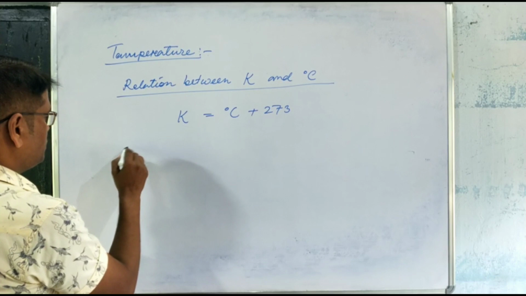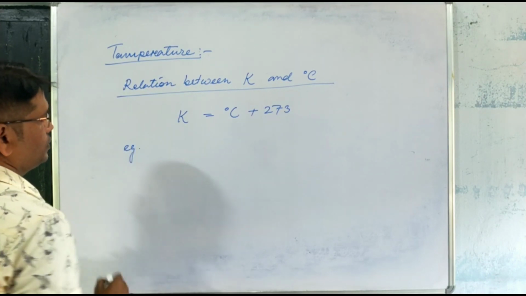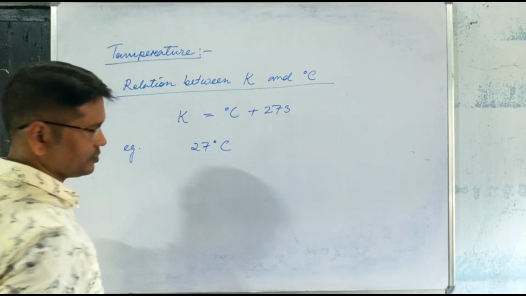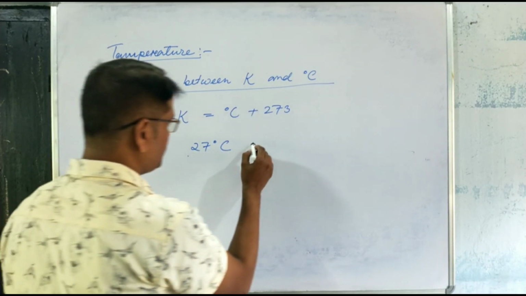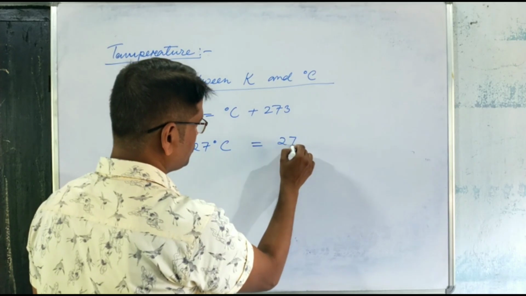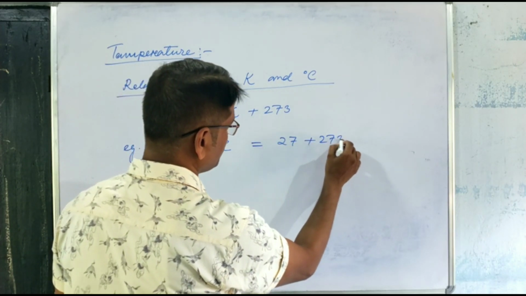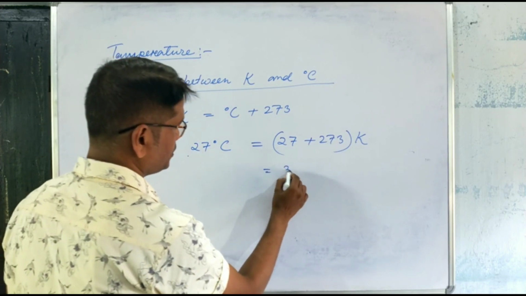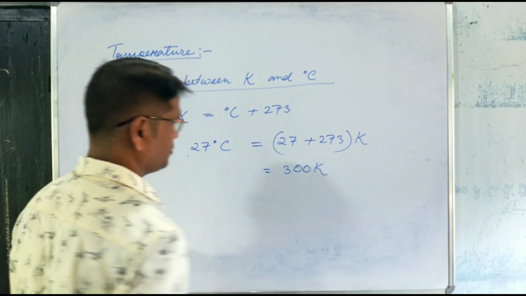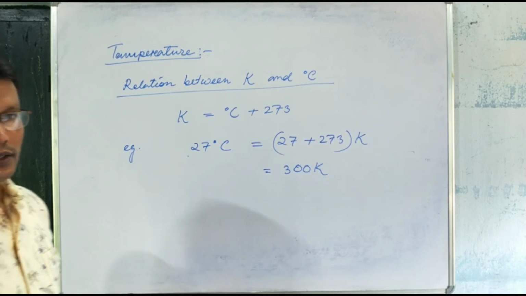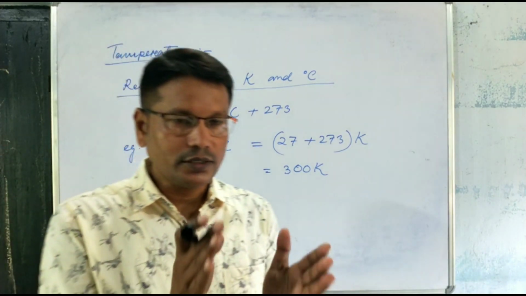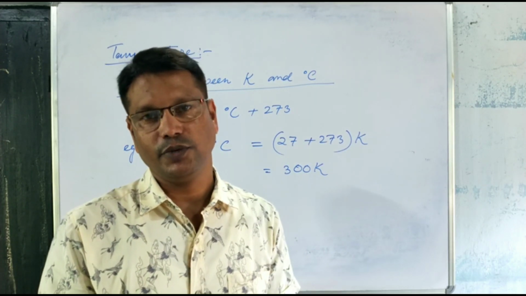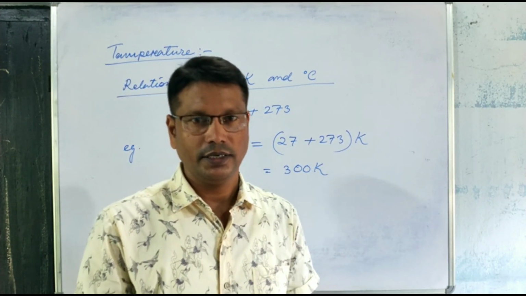For example, suppose we have given 27 degrees Celsius. So 27 degrees Celsius is equal to 27 plus 273 Kelvin. That is 300 Kelvin. Okay. So it is very simple. You just add 273 with the degree Celsius temperature.